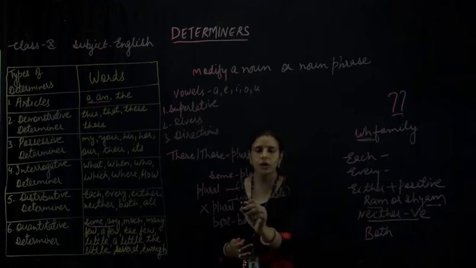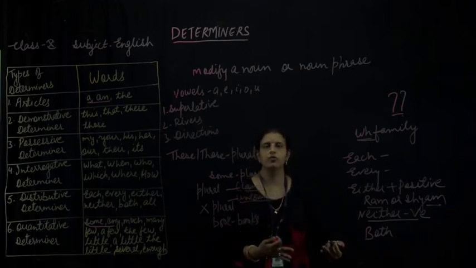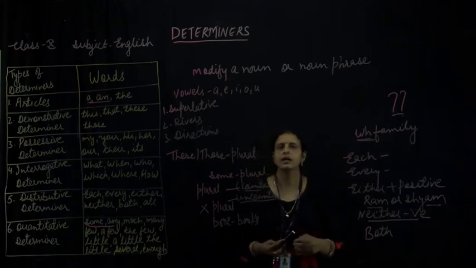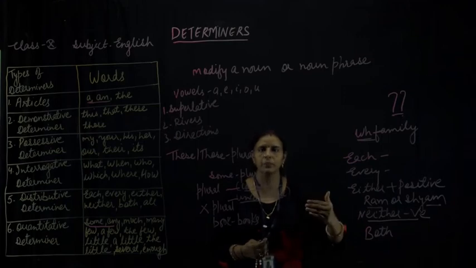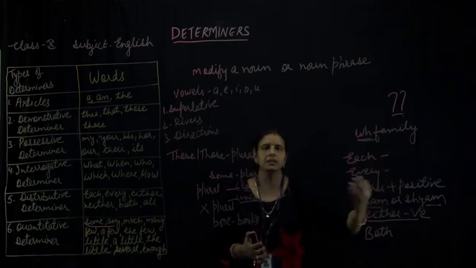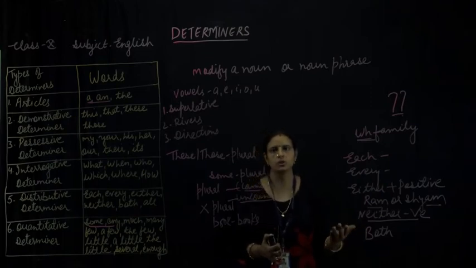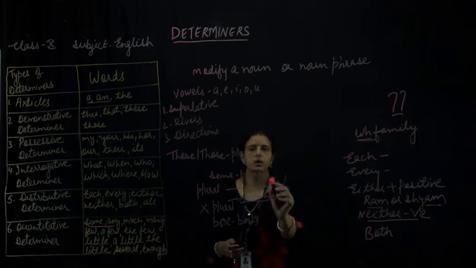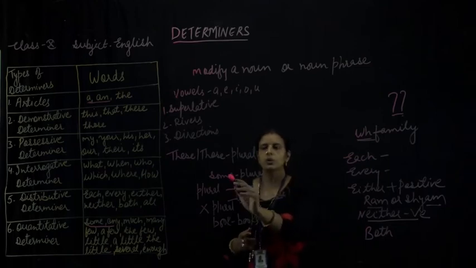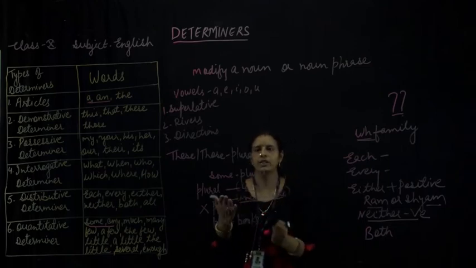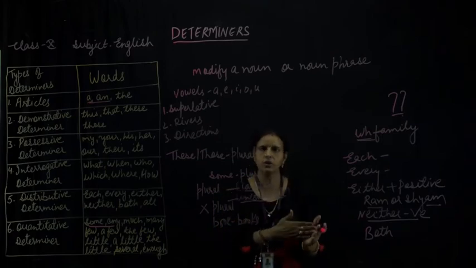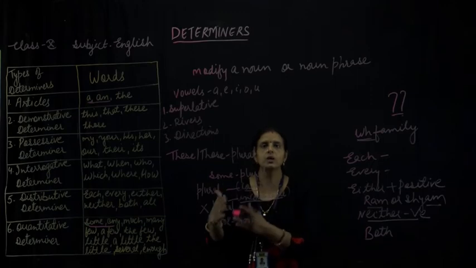But uncountable nouns, the liquid in form, or which we can't count, we can measure, they do not have the plural form. Like water, we can't change into waters. Milk, we can't do milks. Gold, we can't change into golds. So in this way we can identify whether the noun is countable or not. Okay, so some is used with both the nouns. For example, there are some students present in the class, we can count the students, so we can use some over here.